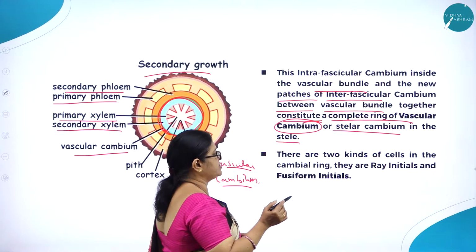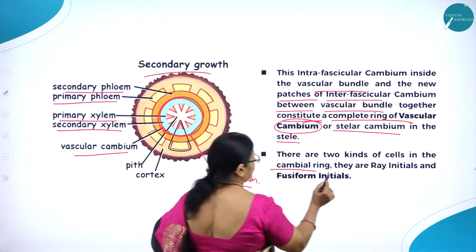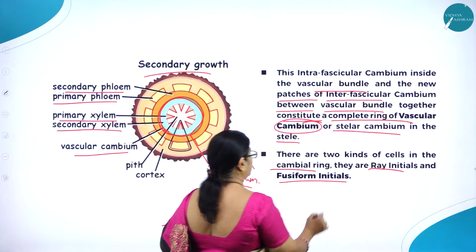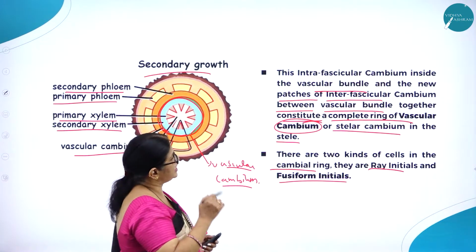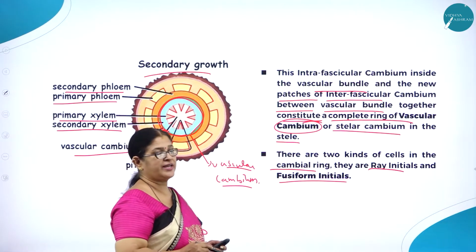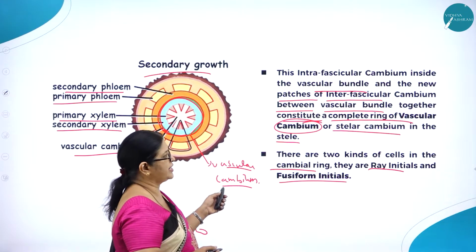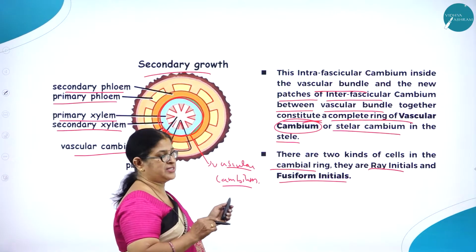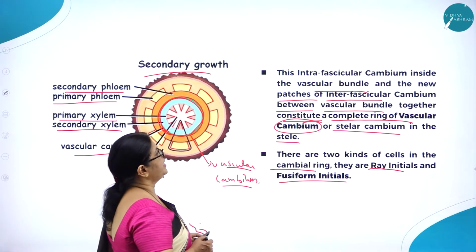There are two kinds of cells in the cambial ring: one is called the ray initials, the other is called the fusiform initials.